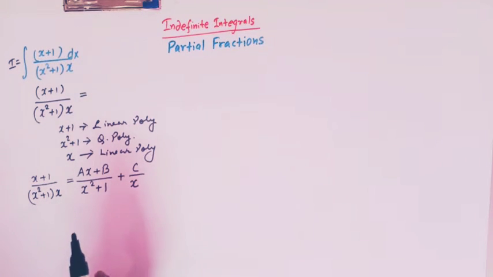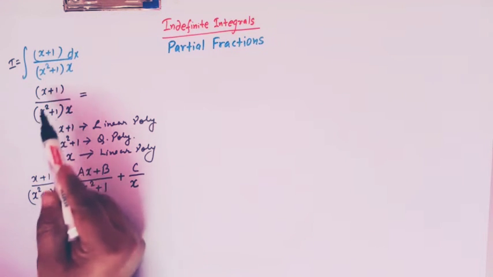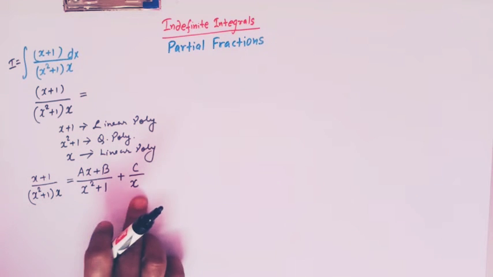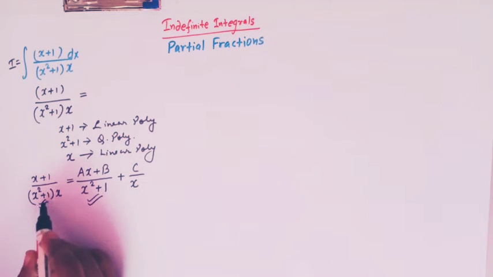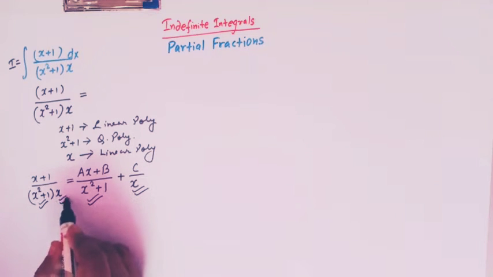So what we have done here is written this rational function as a sum of these two partial fractions, and this partial fraction corresponds to this factor, and this one corresponds to this factor.